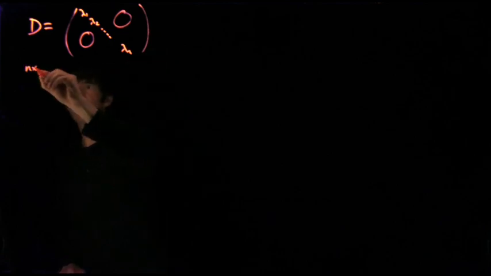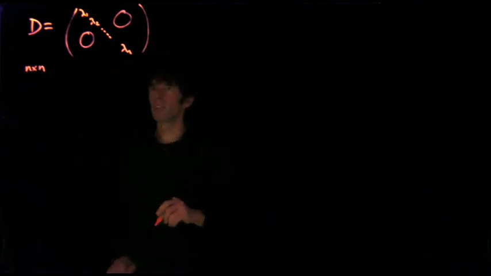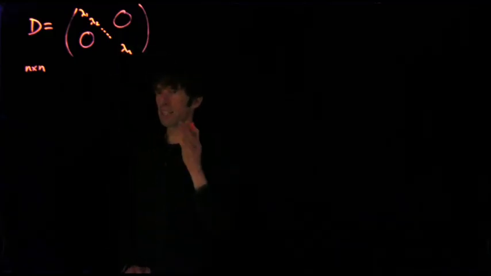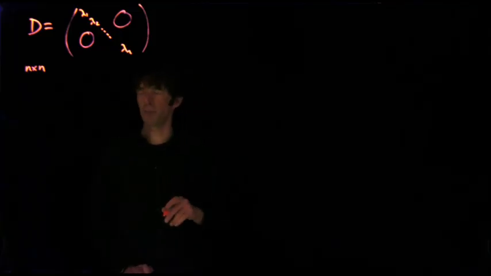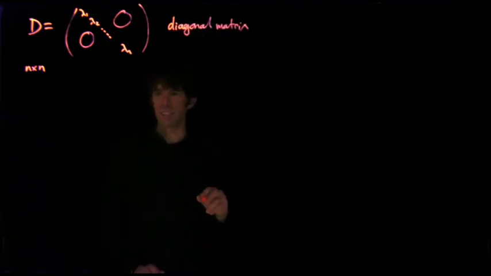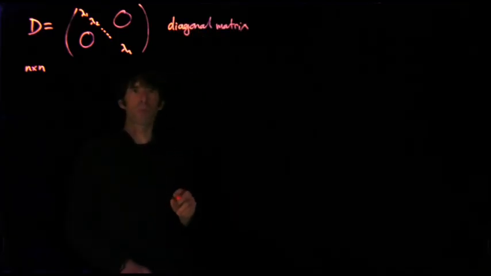So this is an n by n matrix. I've got lambdas on the diagonal, so a bunch of numbers on the diagonal, and everything that's not on the diagonal is 0. So this is what we call a diagonal matrix. And a diagonal matrix has a special property.